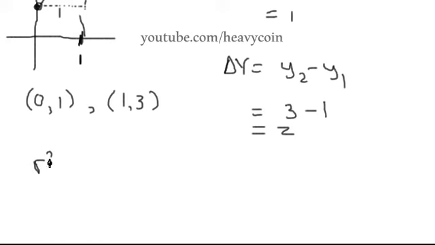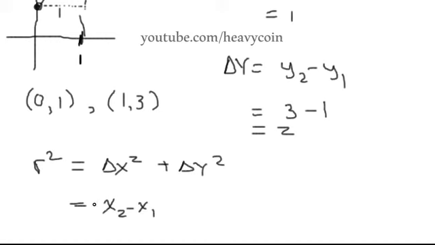So remember, r squared is equal to delta x squared plus delta y squared. And remember what delta x squared was. It was x2 minus x1 squared. And delta y is y2 minus y1 squared.